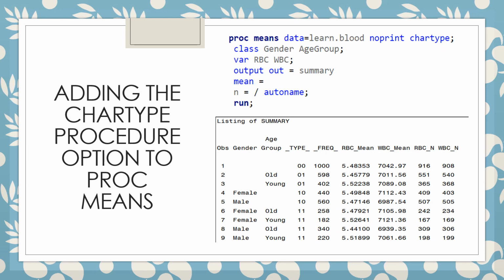If you want only the statistics broken down by each level of the class variables, you can use the NWAY option. This selects only the largest value of _TYPE_. If you use the CHARTYPE option, NWAY selects the value of _TYPE_ containing all ones.